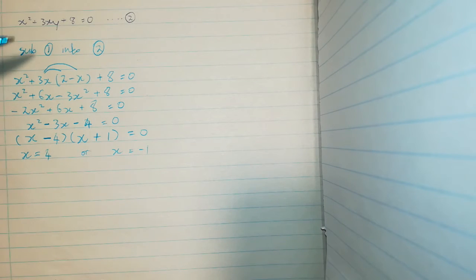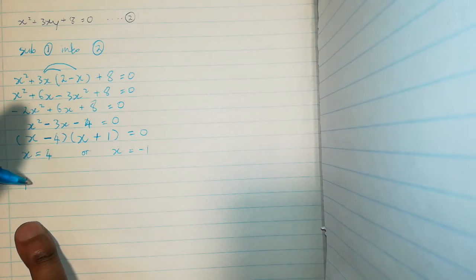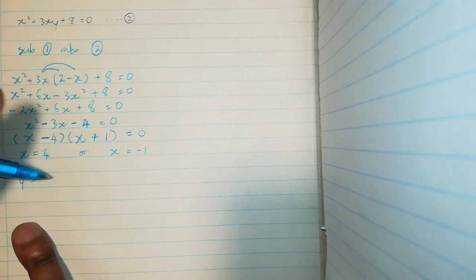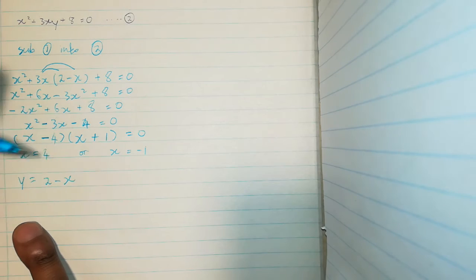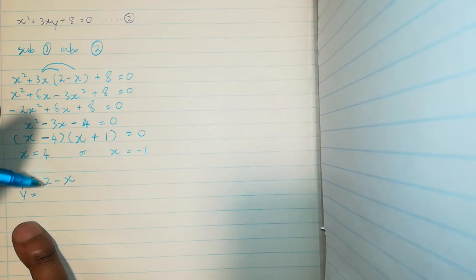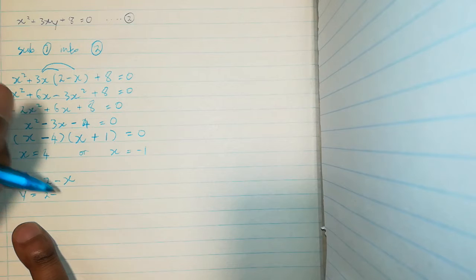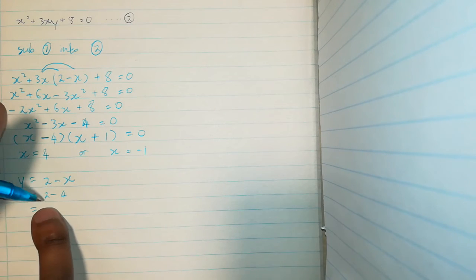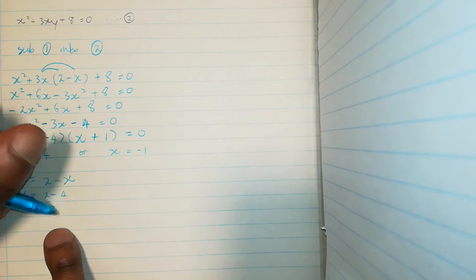So if this is the case, then what is y? We know from the top that y is equal to 2 minus x. So y is equal to 2 minus x, but we know that x is equal to 4. So y in this case is equal to negative 2.